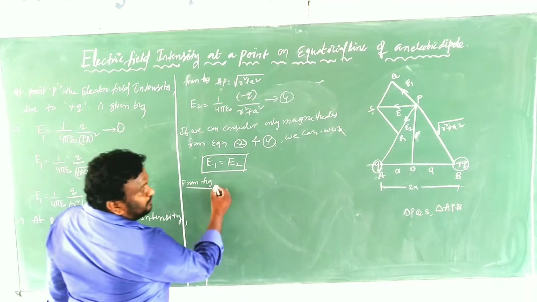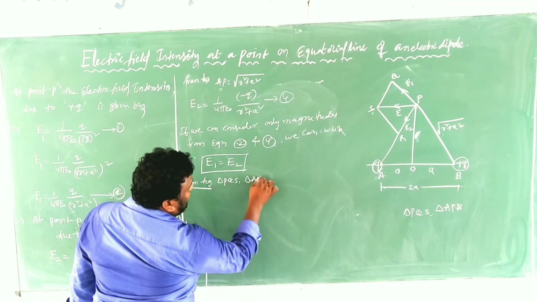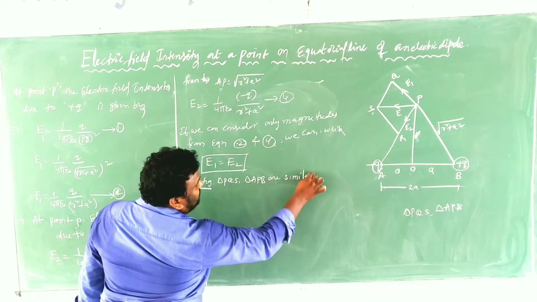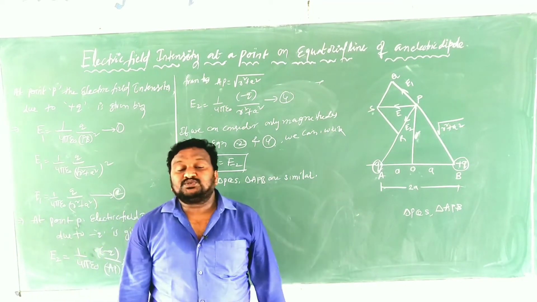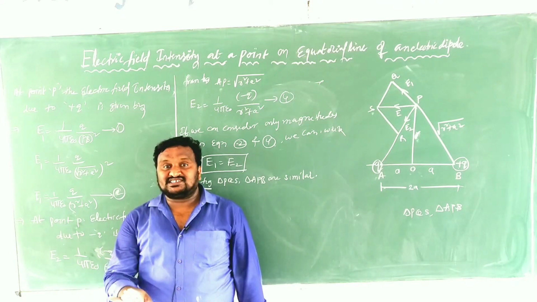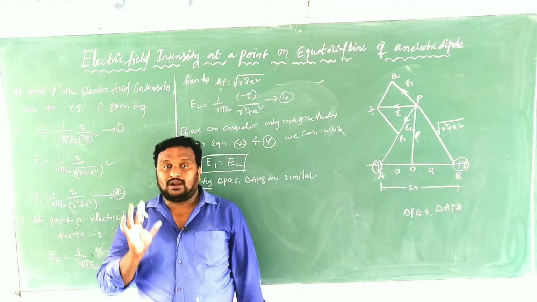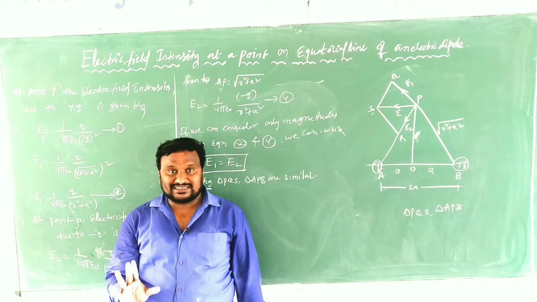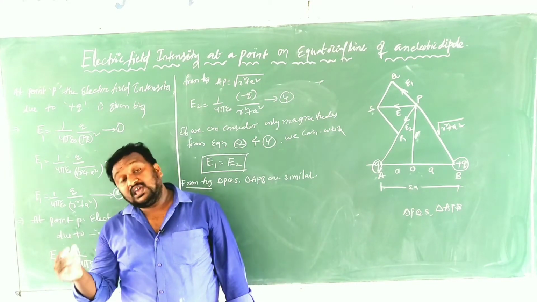So from the figure, triangle PQS and triangle APB are similar triangles. In mathematics we know that in similar triangles, the ratio of the corresponding sides must be equal.